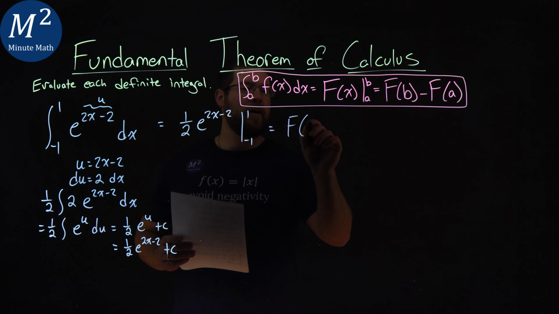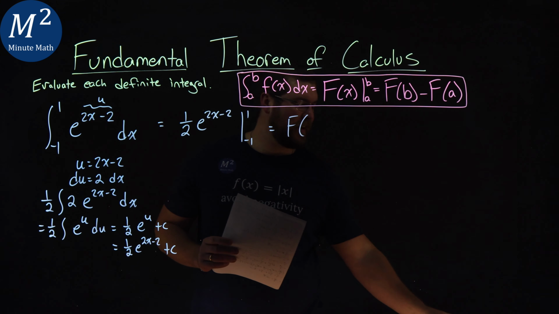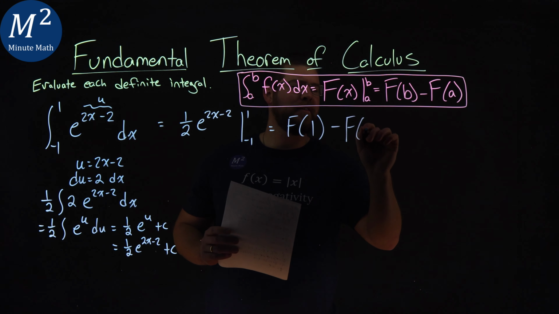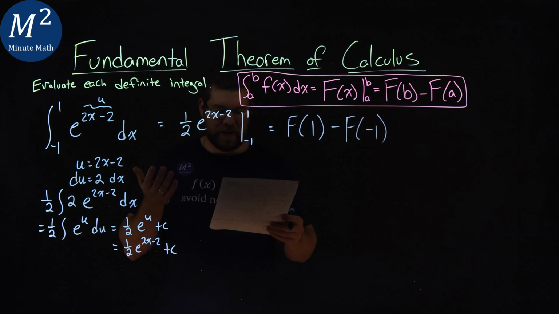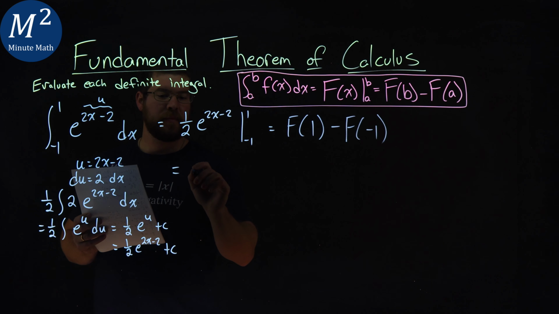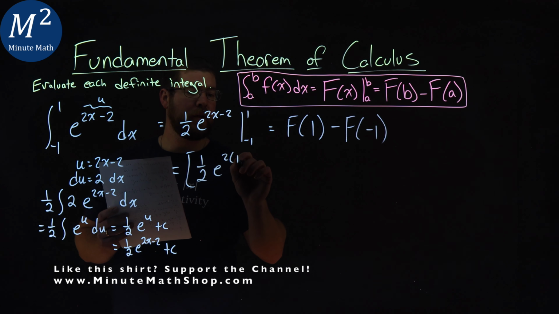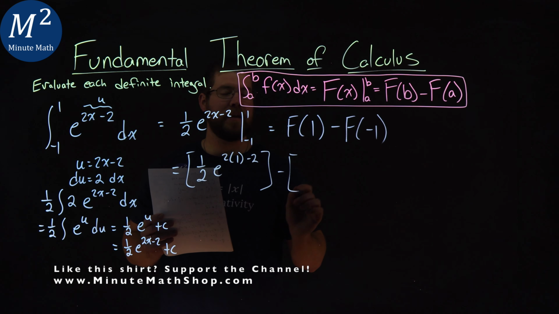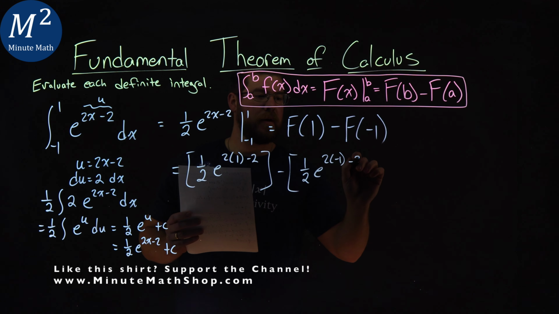This is going to be F of b, b being a positive 1, minus F of a, negative 1. Now we're just going to plug those values in for x. So we have 1/2 e to the (2 times 1 minus 2) power, minus, same thing, plugging negative 1 in, 1/2 e to the (2 times negative 1 minus 2) power.